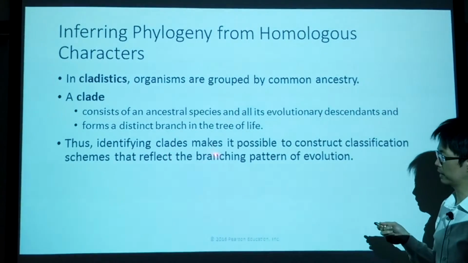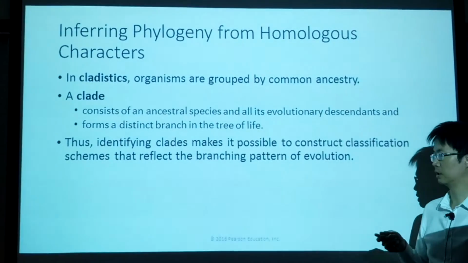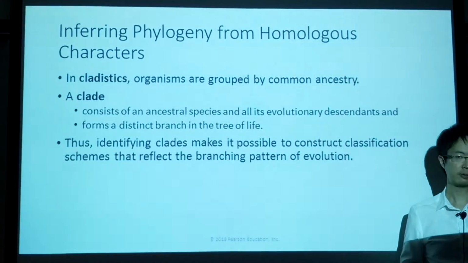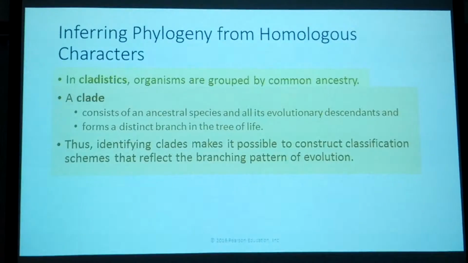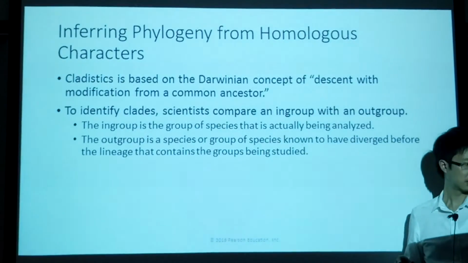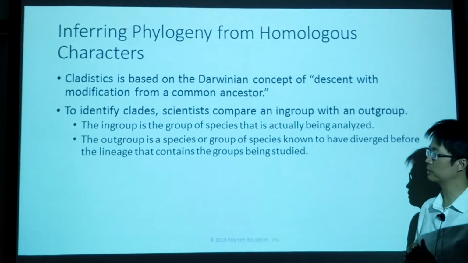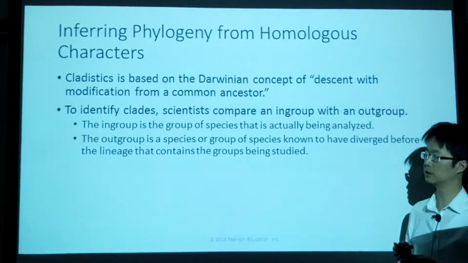To construct a clade helps us to classify, and also to identify the pattern in the evolution. And cladistics is based on Charles Darwin's concept, descent with modification from a common ancestor.